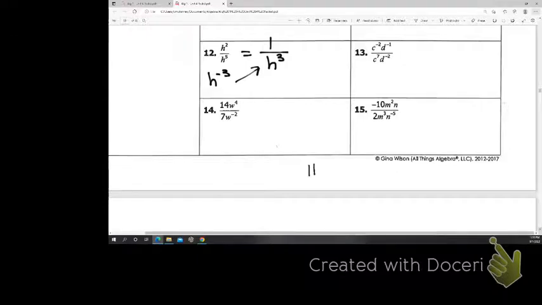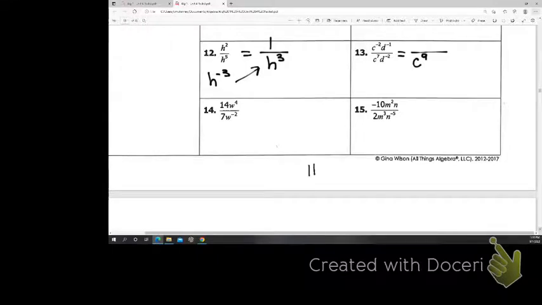13, we got all sorts of negatives. So looking at the C's, which number is higher, 7 or negative 2? The 7, right? And it's in the bottom. So the C's are going to be in the bottom. Not only are there 7 of them down there, that negative 2 is going to jump down there with them to make 9 altogether.